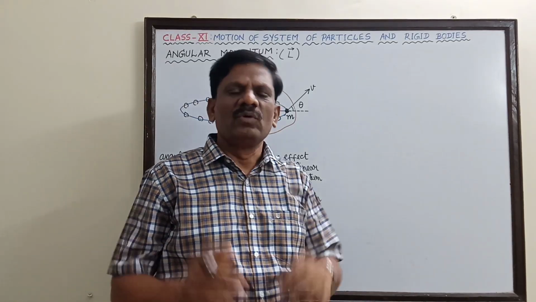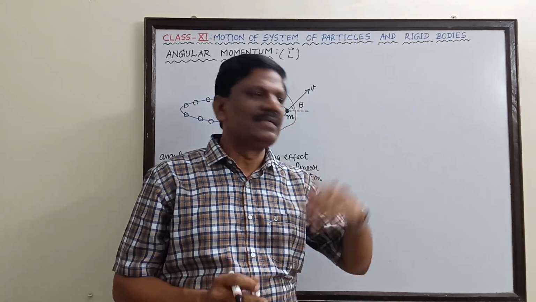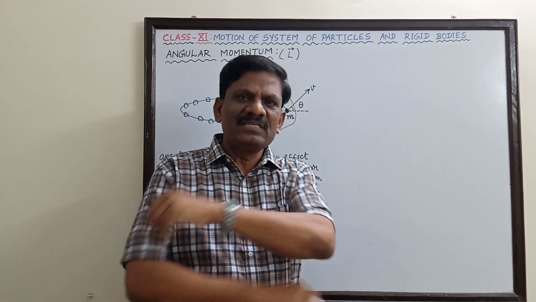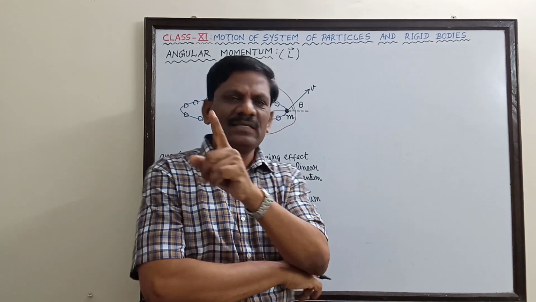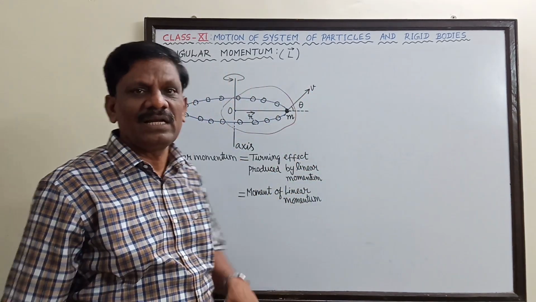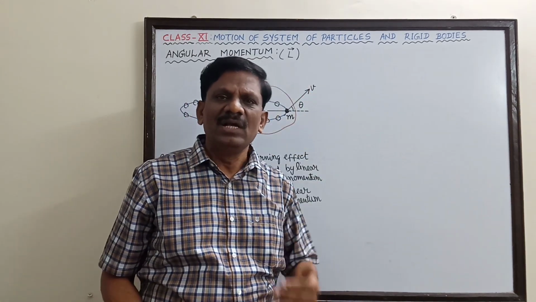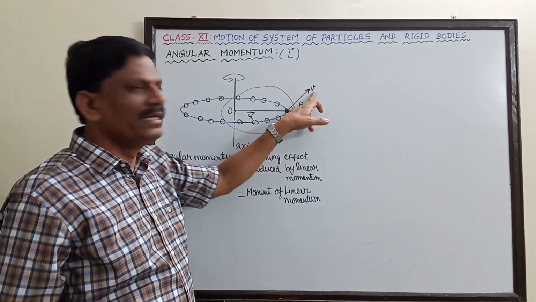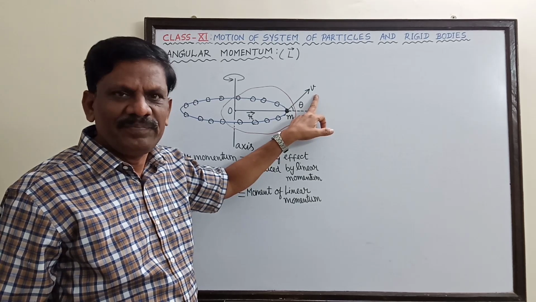Whenever these point masses revolve in a circular path, they possess two velocities, is it not? One is linear velocity v and another one is angular velocity omega.